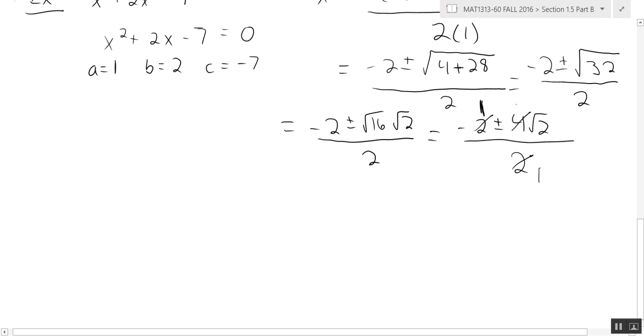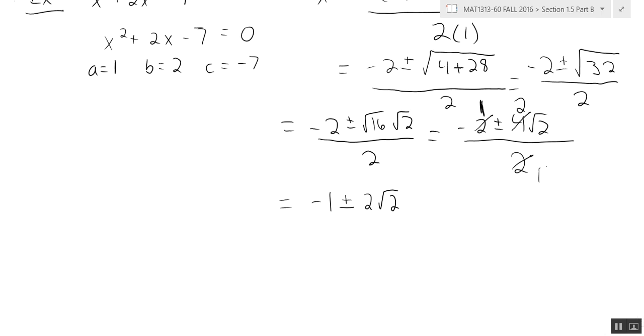When you cancel out here, that's going to be 2 square roots of 2. So let's rewrite that and see what we have. So I have negative 1 plus or minus 2 square roots of 2. And that's all over 1. So we don't have to write a denominator of 1.